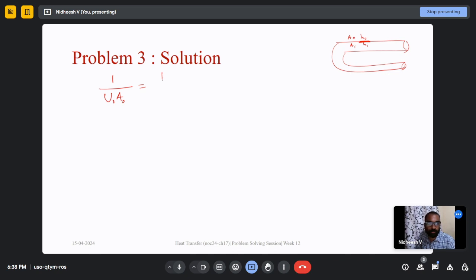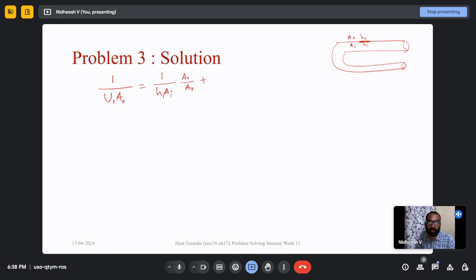So on the inner surface, this is 1 by Hi into Ai. Let me multiply and divide by A0 in the numerator and denominator so that I can cancel A0 at the end. Okay, plus, this is at the inlet.